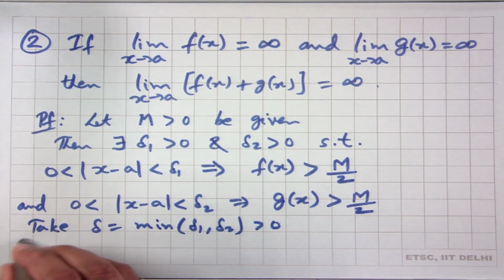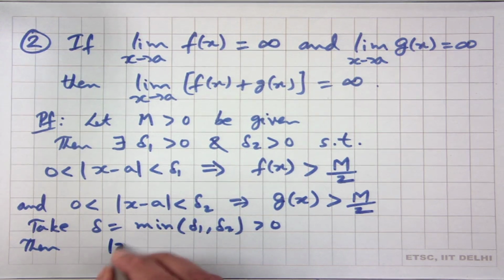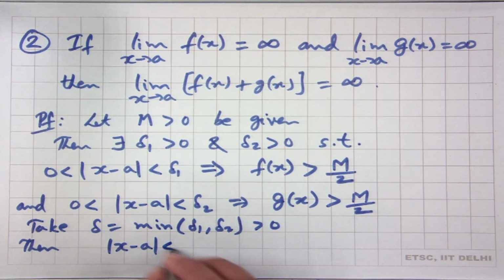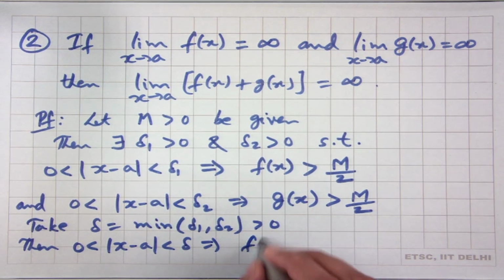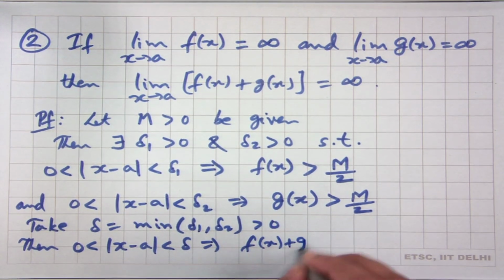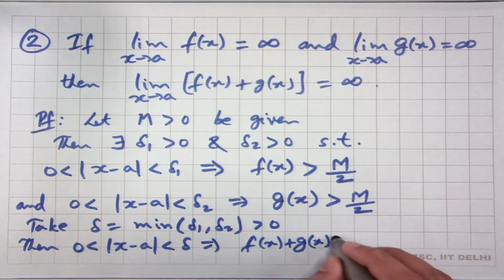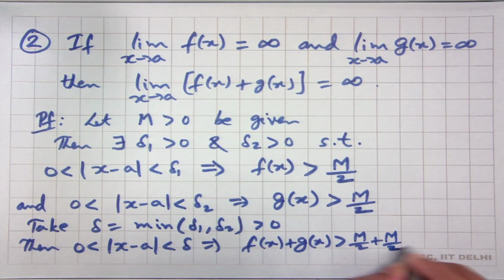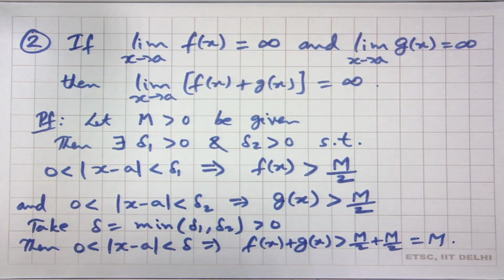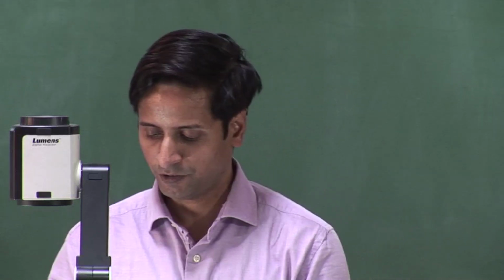Then mod x minus a less than delta and greater than 0 implies f x plus g x has to be greater than m by 2 plus m by 2, which is m. Therefore, the limit of the sum is again infinity here.